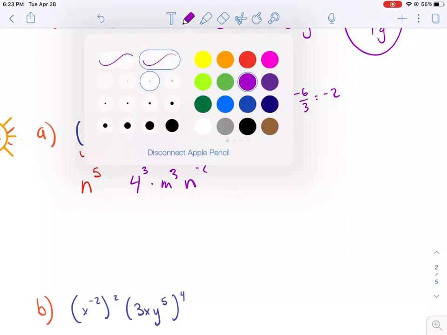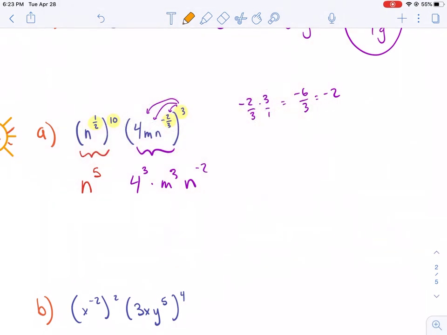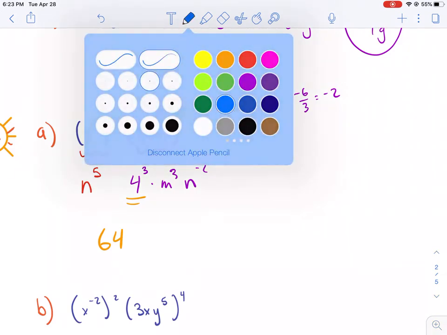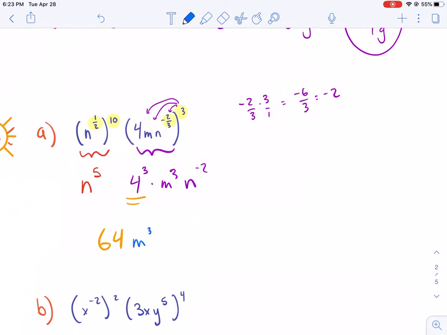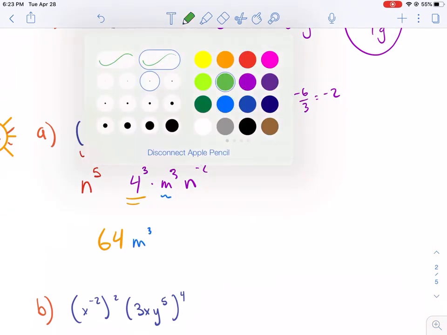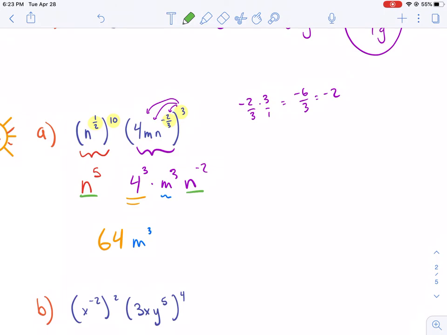Now we have something else. What are the like terms? Well, first let's take care of this guy. 4 cubed is 64. 4 times 4 times 4, 64. M cubed, he's going to stay by himself. But now we have n. So the n, we essentially have n to the 5th times n to the -2.